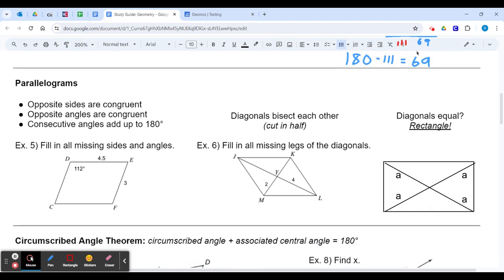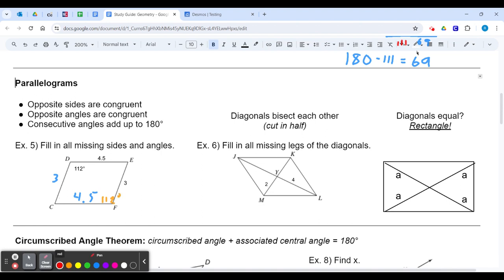Moving on to parallelograms, here are the 3 guiding principles. Opposite sides are congruent, opposite angles are congruent, and consecutive angles add up to 180. With this, we can fill in all of the missing info with this parallelogram. Opposite sides are congruent, so I know that this side needs to be 4.5, this side needs to be 3. I know that opposite angles are congruent, so I know this angle is 112.